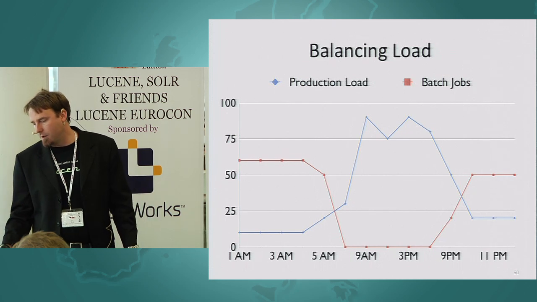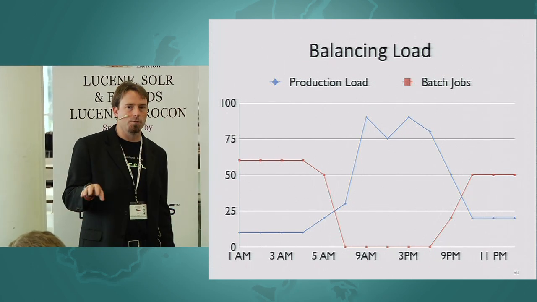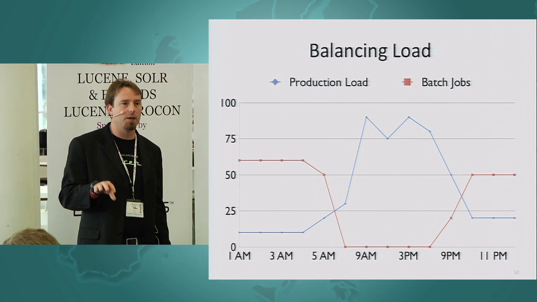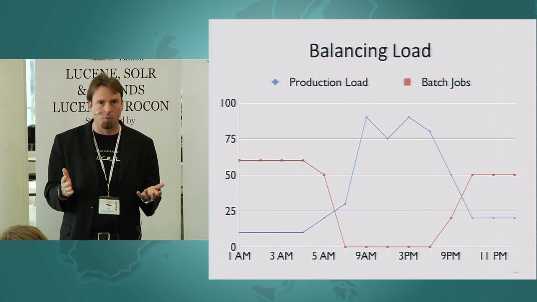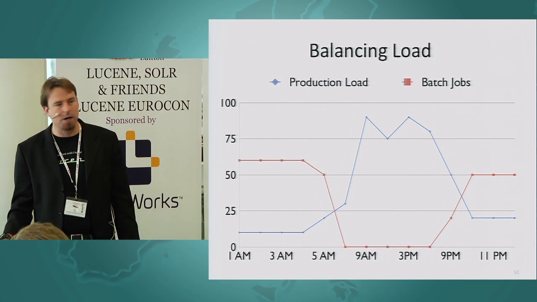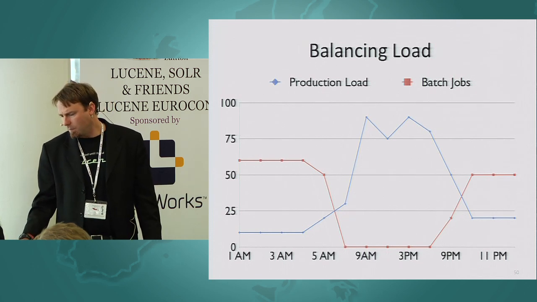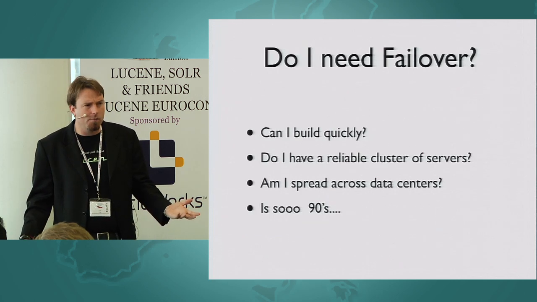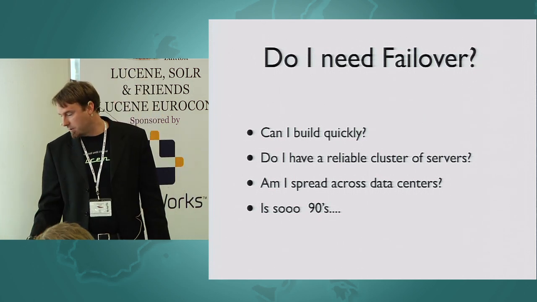I think this is going to allow us to build big indexes in a more traditional data center environment, where you have a limited number of boxes compared to the cloud environment. So, failover: you don't need failover, you just need a pool of resources and you can expect something to die.